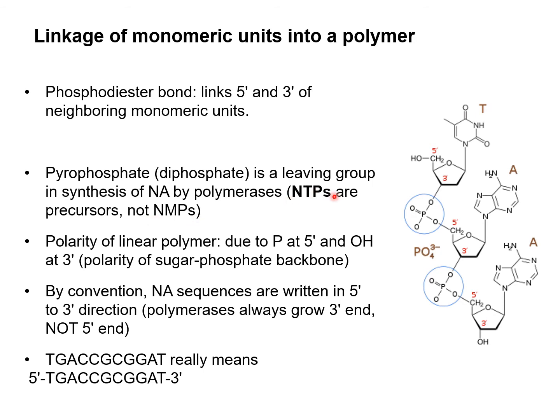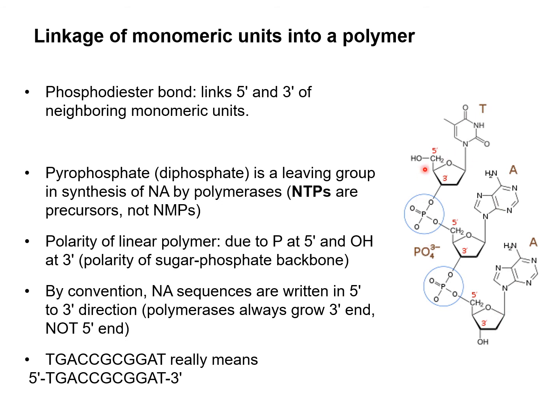And again, NTPs are all the nucleoside triphosphates such as ATP, TTP, GTP, and CTP. And the NMPs are the nucleoside monophosphates such as AMP and so on.